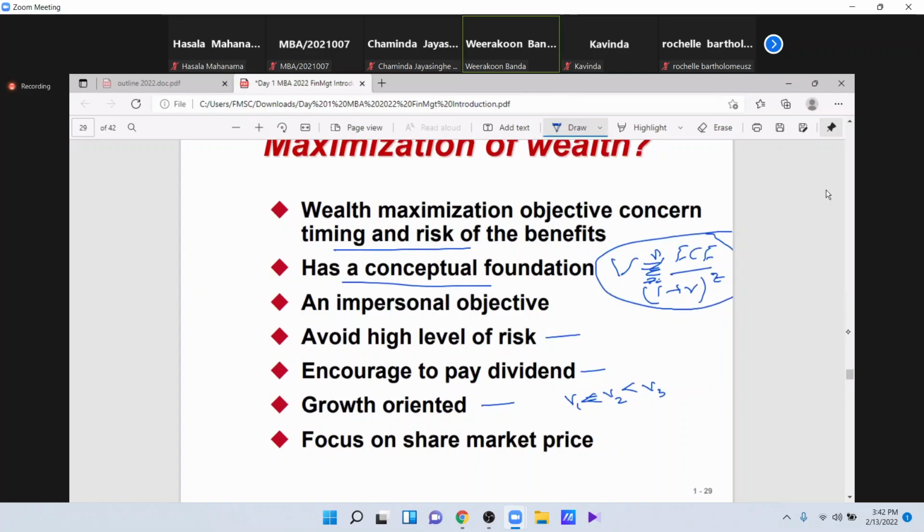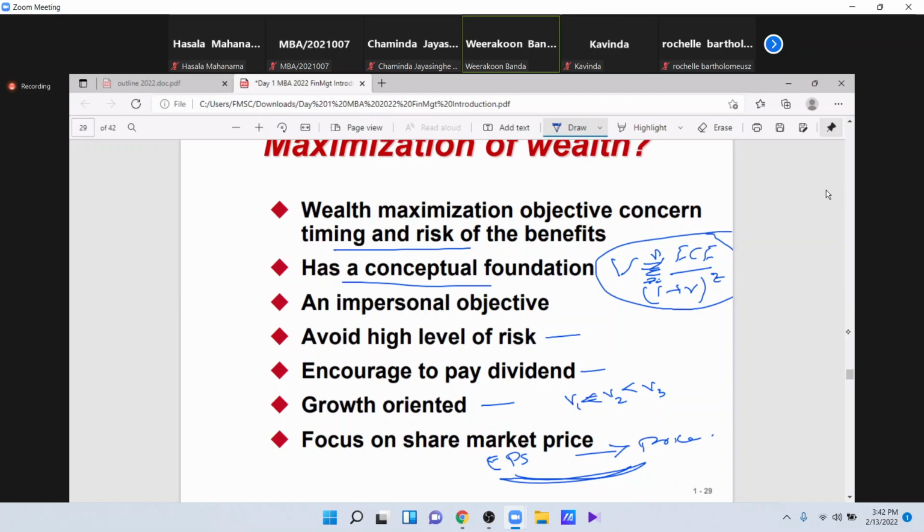Focus on share price, the share market price. Every time, company earnings, that is earnings per share, and the company's share price are correlated. When the company earns more profit for the shareholders, the market gives a higher price for the company shares.